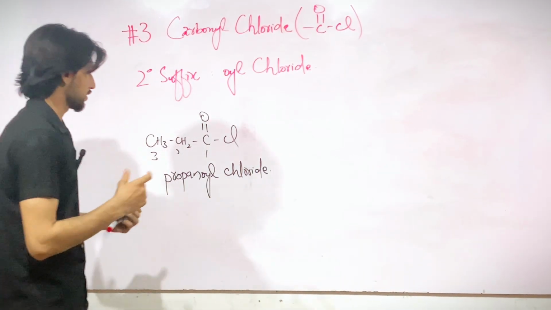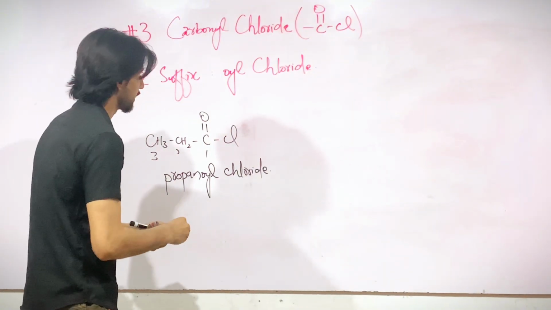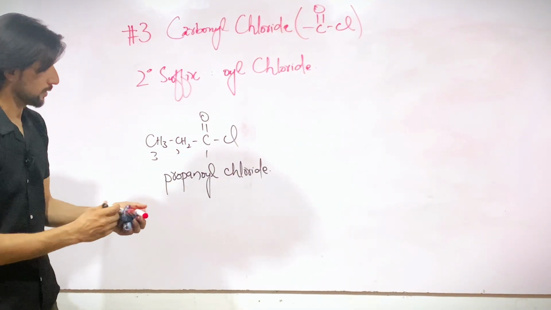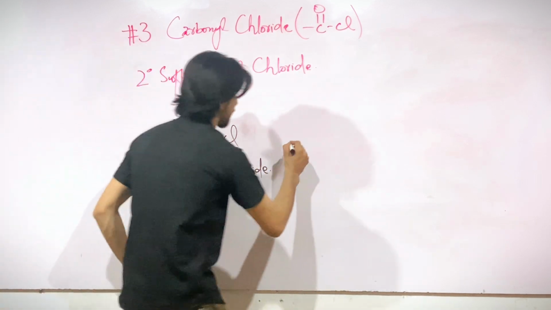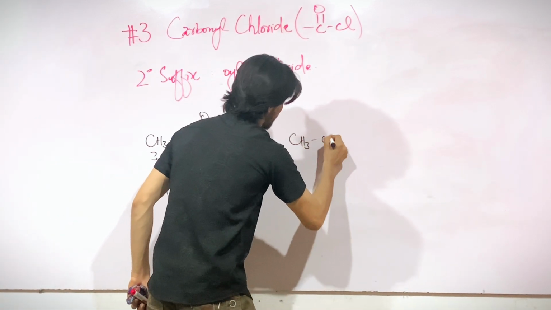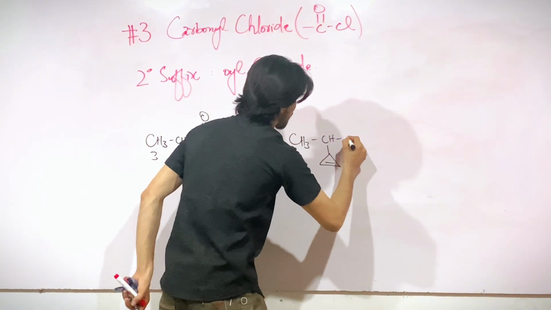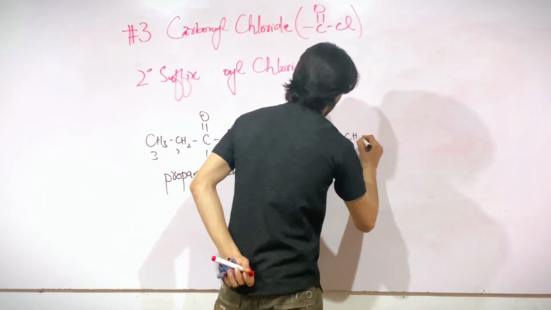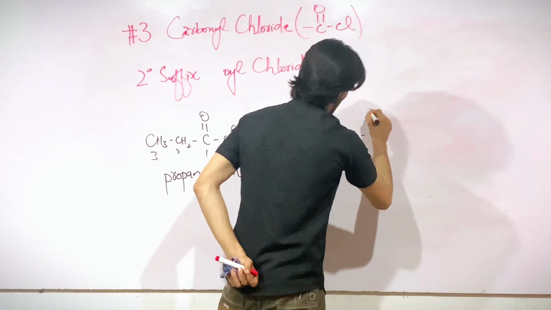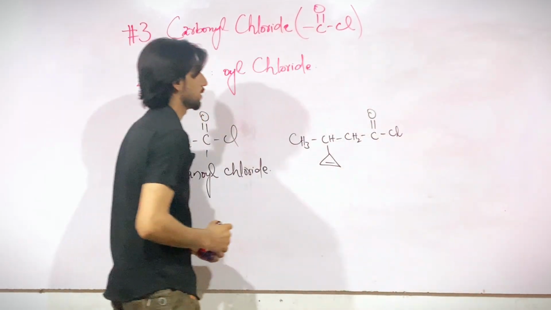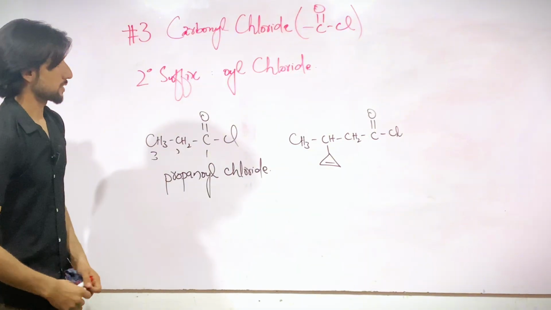Here I will discuss just one more rule, and then we will go on with speed with other functional groups. So you must be able to name this compound. What will be the name of this compound?